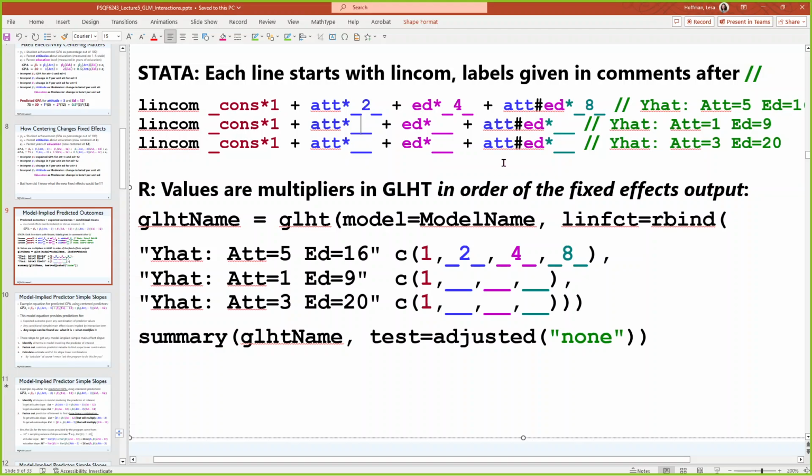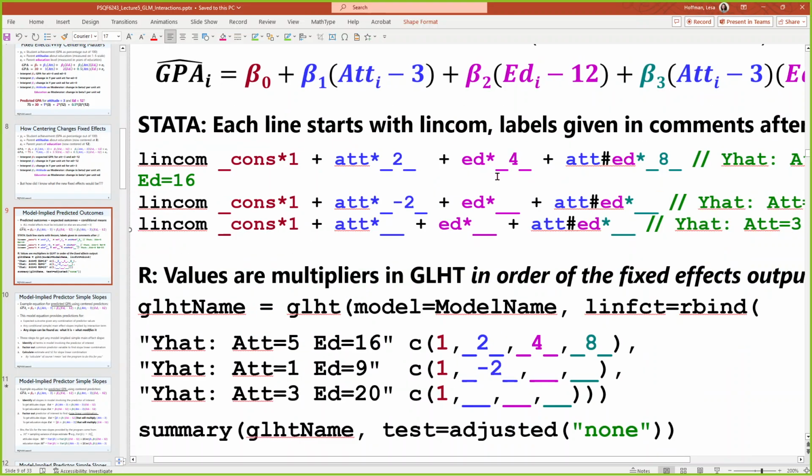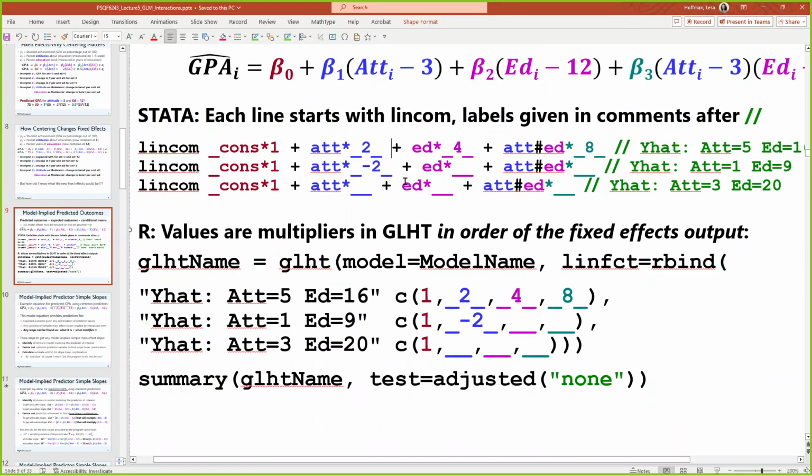Attitude of 1, what goes here? Yeah, we're centering at 3, yep. -2. -2. There we go. I like them to be aligned. It makes it easier to read.